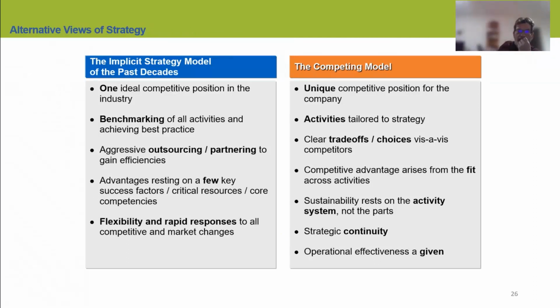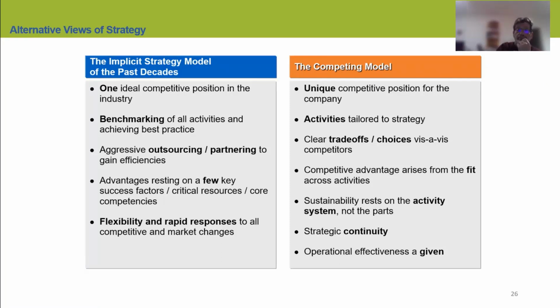Here we have an example of alternative views of strategy. The implicit strategy model of the past decades was one ideal competitive position in the industry, benchmarking of all activities and achieving best practice, aggressive outsourcing, partnering to gain efficiencies.